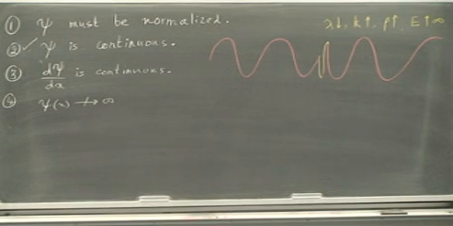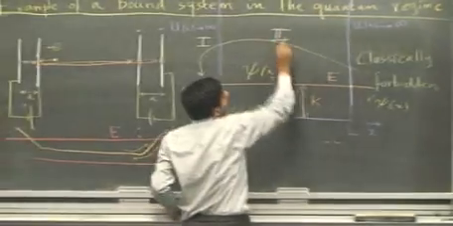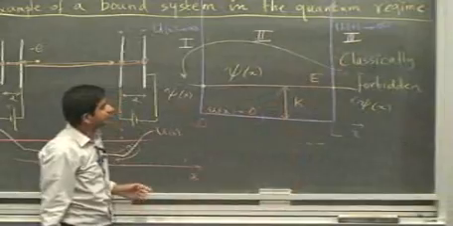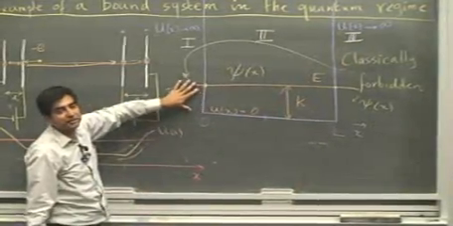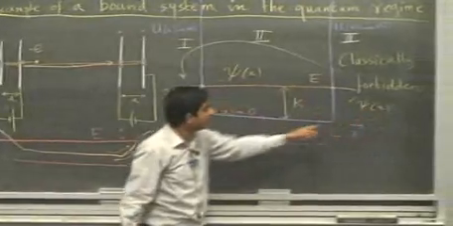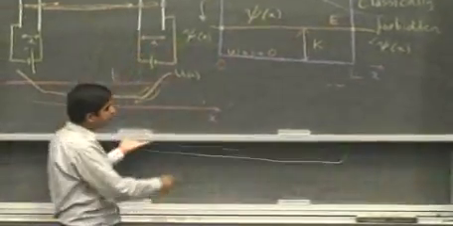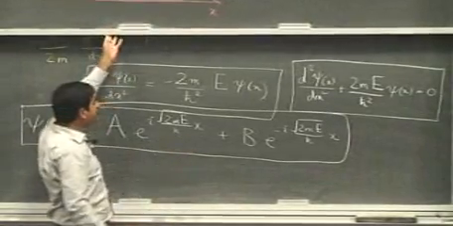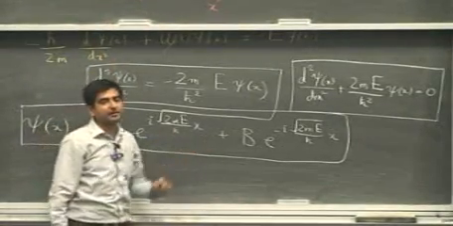Now let's suppose there are three regions. This is region number 1, this is region number 2, and this is region number 3. We know that the wave function in this region is 0, the wave function in this region is 0, and we know that the wave function in region 2 is given by this. Now can we find out the values of A and B?